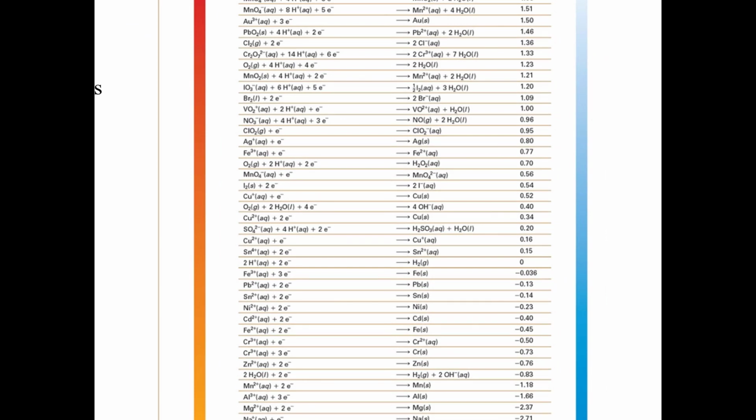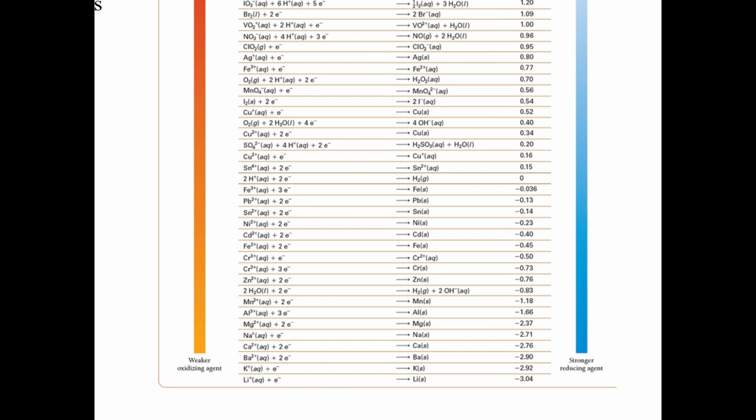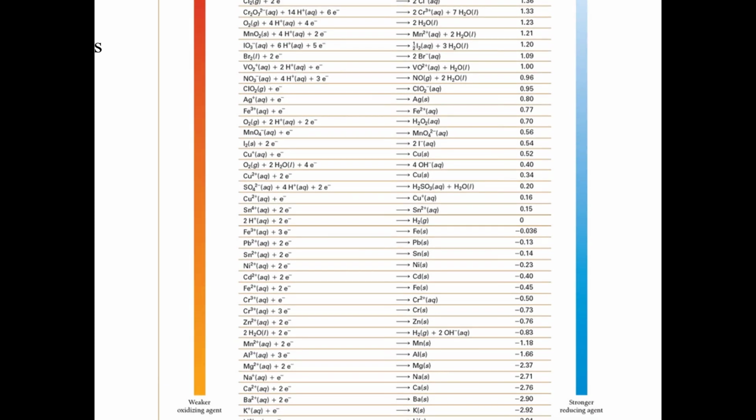Copper, shouldn't it be down? There's the copper. Copper 2 positive, middle of the screen. No, that's not what we want. The one above that. Copper 2 positive plus 2 electrons forms copper solid, 0.34 volts.